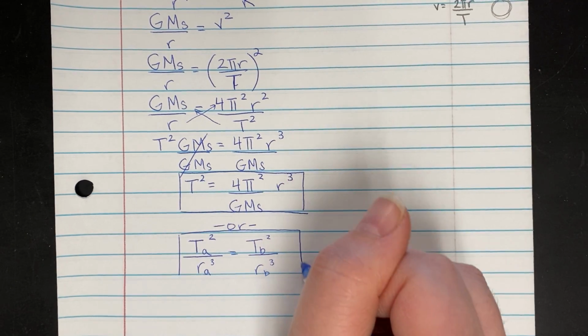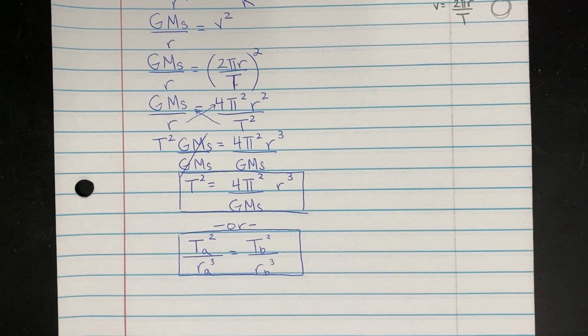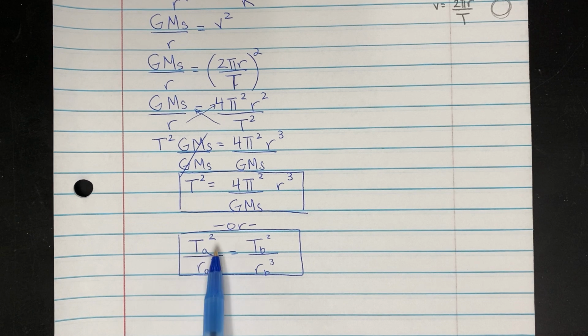So this works for anything that is rotating around the same thing. If I took the T squared over r cubed for Earth, it would equal T squared over r cubed of Mars, because they both rotate around the sun. Or T squared over r cubed of Venus is equal to T squared over r cubed of Jupiter.